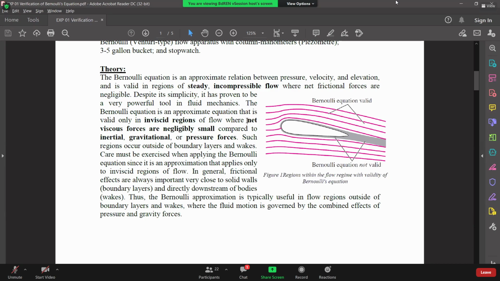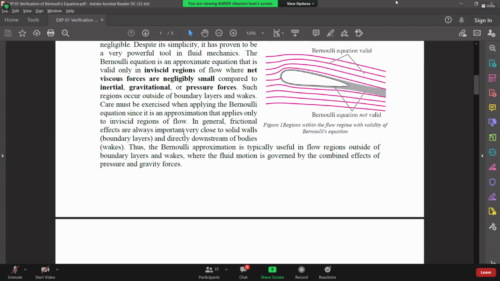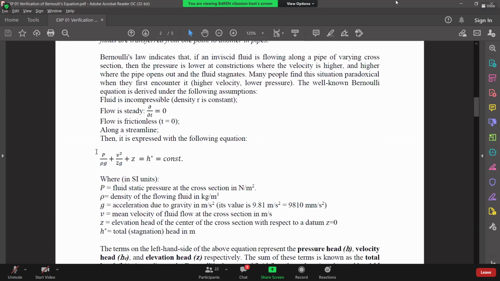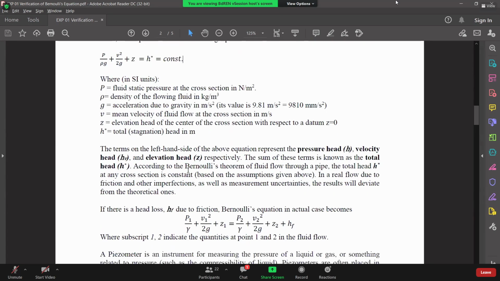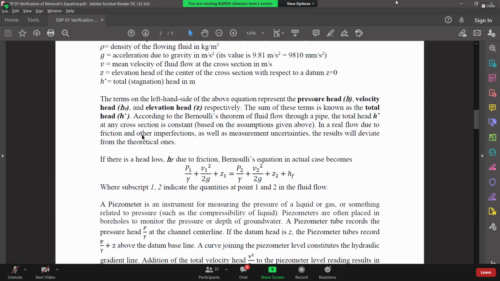As we said, the net viscous force is negligibly small. So you are clear about this. P1 divided by gamma. Gamma is basically rho g, or density times acceleration due to gravity. That is called specific weight. V squared divided by 2g. This is the pressure head, this is the velocity head, this is the elevation head, and the sum of the heads is constant.